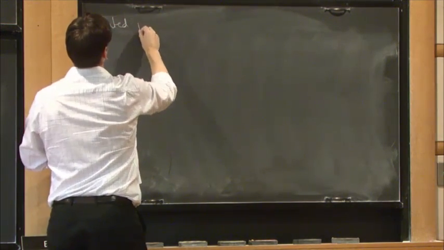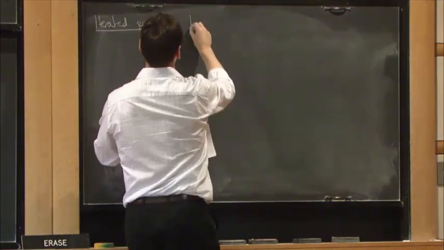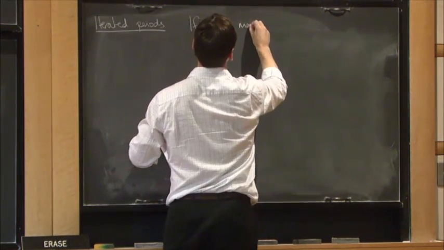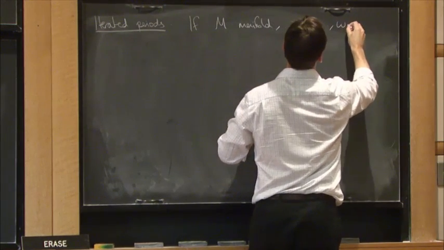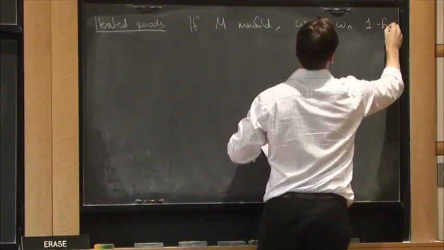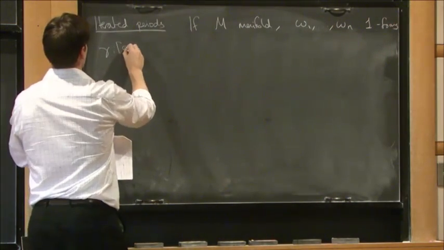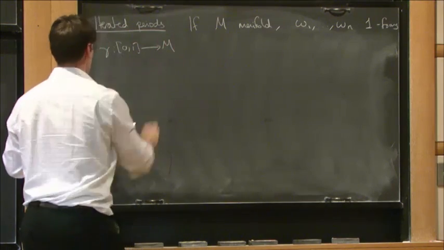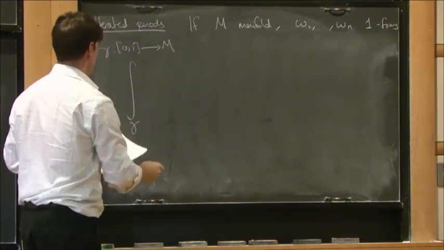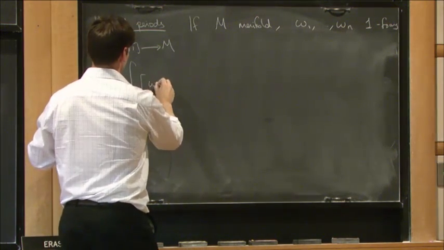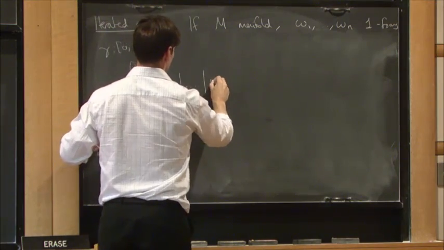So now I want to discuss the iterated periods. Let me remind you that if we have any manifold M and one forms omega 1 up to omega n, smooth one forms on M, and we take a smooth path from [0,1] to M, then the iterated integral of these one forms along a path, I will denote with bar notation so as not to get cluttered with tensor products.